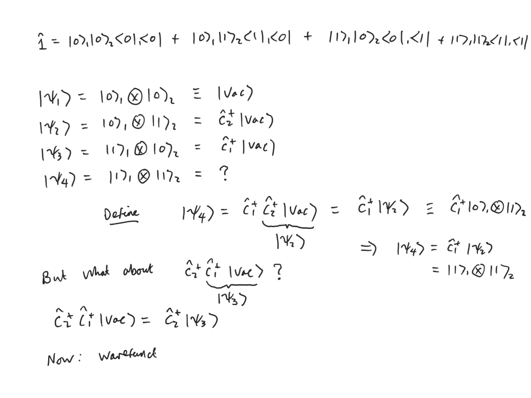We're dealing with fermionic systems, so we should get a minus sign when we interchange particle labels. So if I exchange the labels 1 and 2, I should get a minus sign.